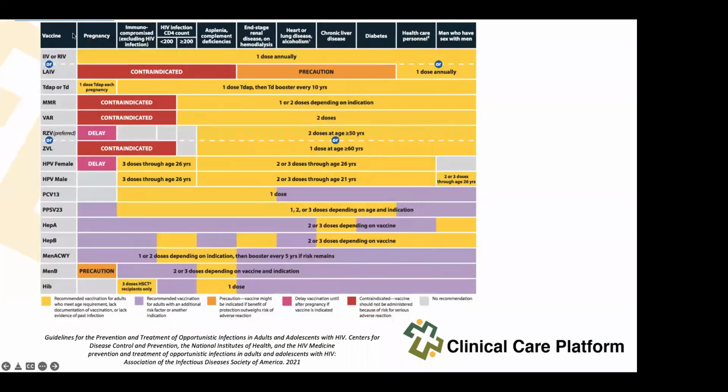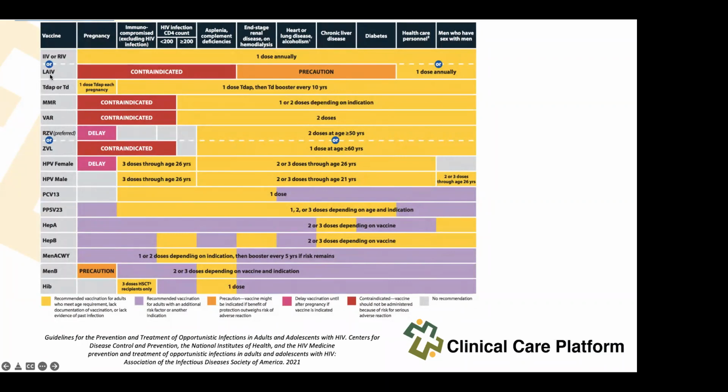Yeah. So they have a very nice slide, which I like. What they've done, they've put different medical conditions: pregnancy, patients who are immunocompromised but not due to HIV, those who are HIV infected based on whether they have significant immune depletion or not, all sorts of conditions, and you'll get it with the slides.